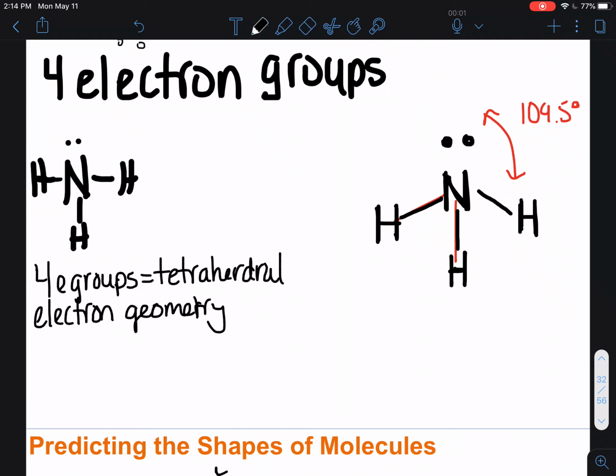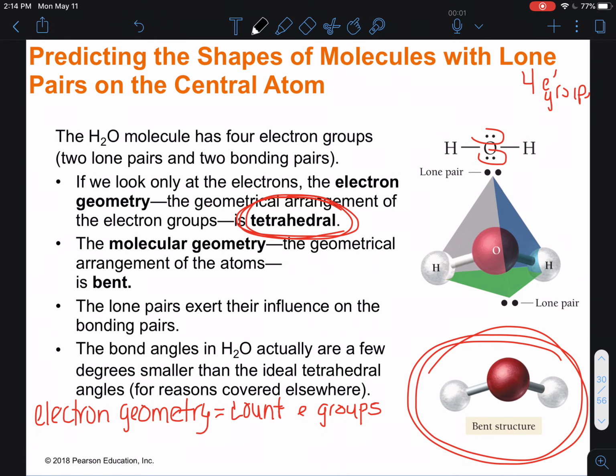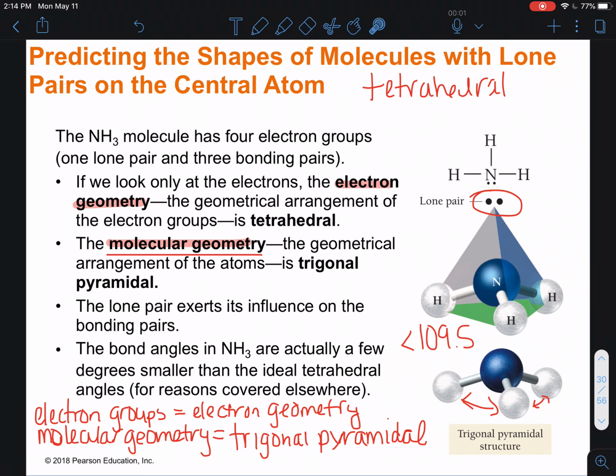Okay. So what you see here is that even though we are in the tetrahedral electron geometry, this does not look like tetrahedral. If you were to look at it, the actual structure of ammonia looks like this, right? The ball and stick structure. This is what it looks like in real life, where we just see 3 hydrogens around a nitrogen.